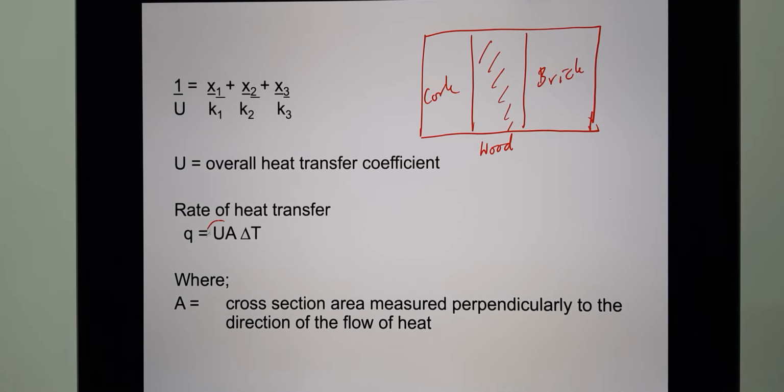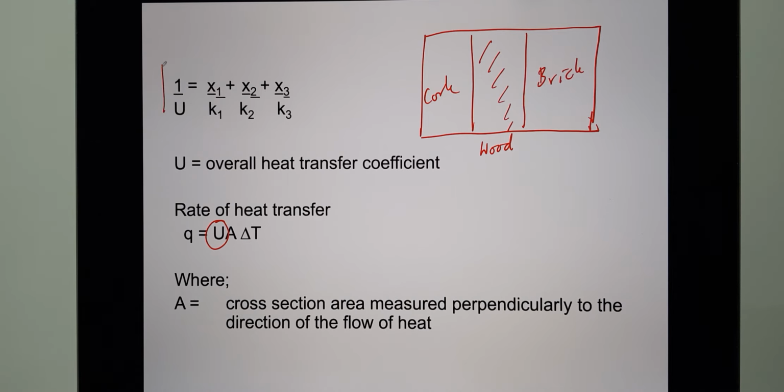But in order for you to calculate the U, because U is the overall thermal conductance, overall heat transfer coefficient, you need to use the equation 1 over U equals X1 over K1 plus X2 over K2 plus X3 over K3.